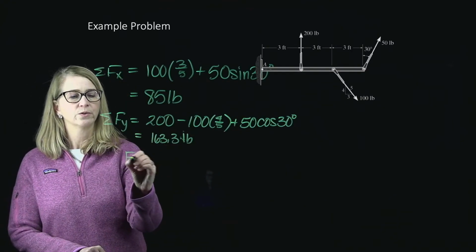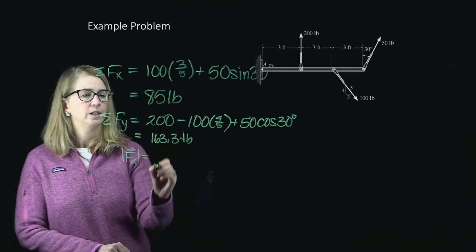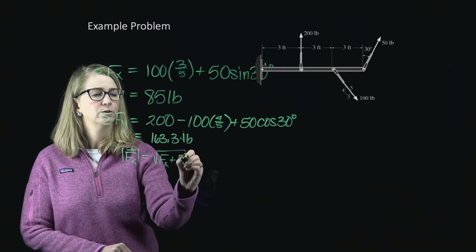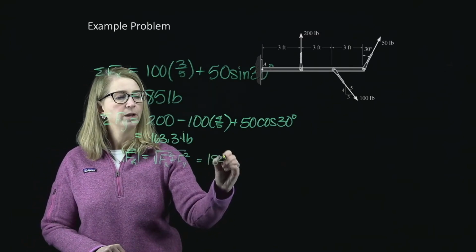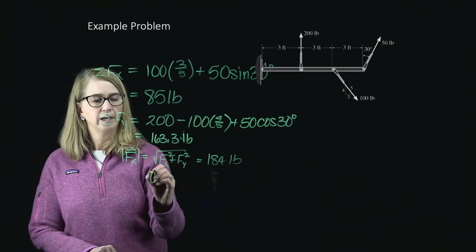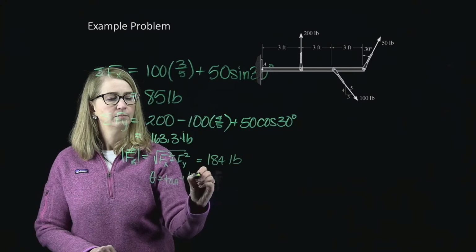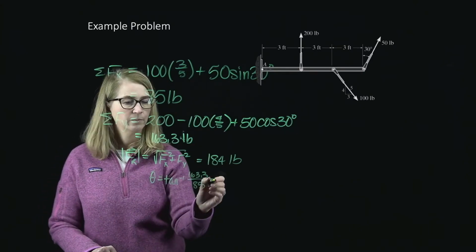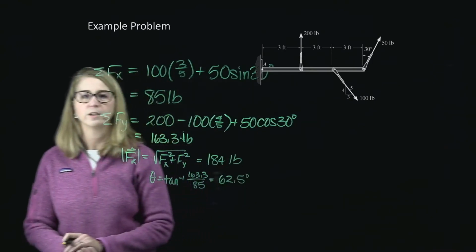Now the total force, this is the resultant force, is going to be the square root of Fx squared plus Fy squared. That ends up to be 184 pounds. The angle that that's going to be at ends up to be 62.5 degrees.